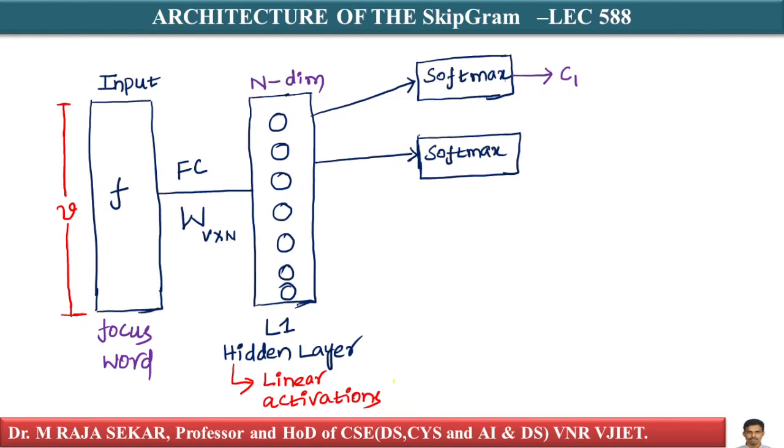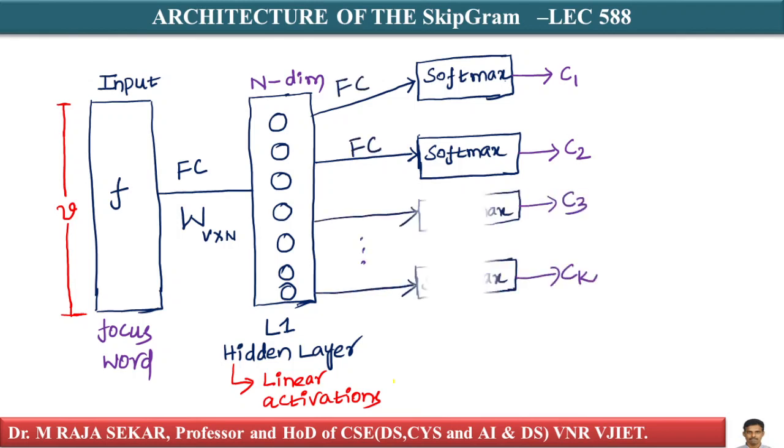In similar manner, I will create one more softmax here, which will output C2. These are fully connected. I have one more softmax trying to predict C3, and so on and so forth. I have K softmaxes which predict CK. This is my output layer.